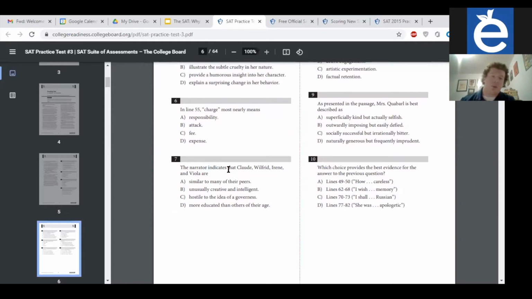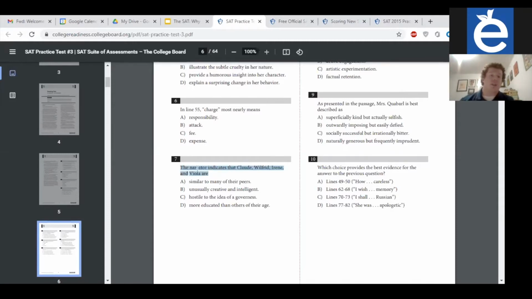But this word here, indicates. That means that whatever our answers are here, they are not directly related. We can't take words out of the passage and find them in the answer, or vice versa. We have to do some interpretation, quite a lot of interpretation usually.